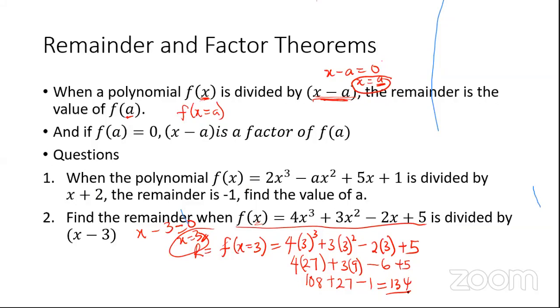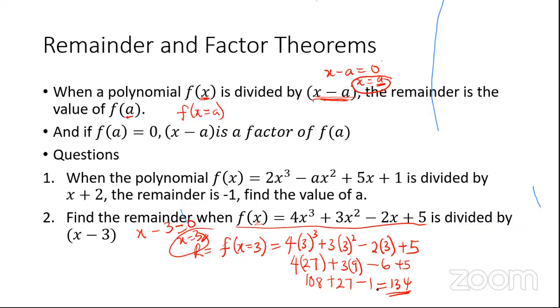It means the remainder when f of x equals 4x raised to power 3 plus 3x squared minus 2x plus 5 is divided by x minus 3 will be 134.